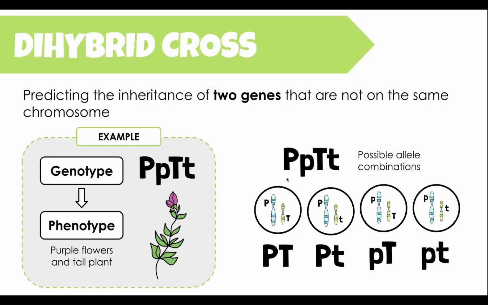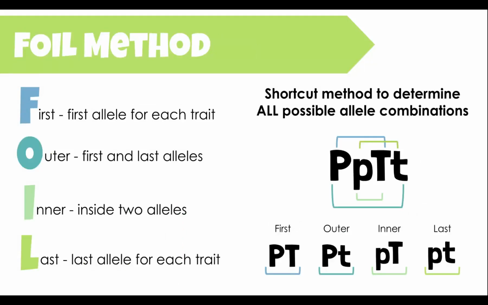If we don't have all dominant alleles or all recessive alleles, and we get these heterozygous combinations, then we need a simple method for predicting allele combinations. For that, we use what we call the FOIL method, the same FOIL that you think of in algebra class. FOIL is an acronym that stands for first, outer, inner, last.